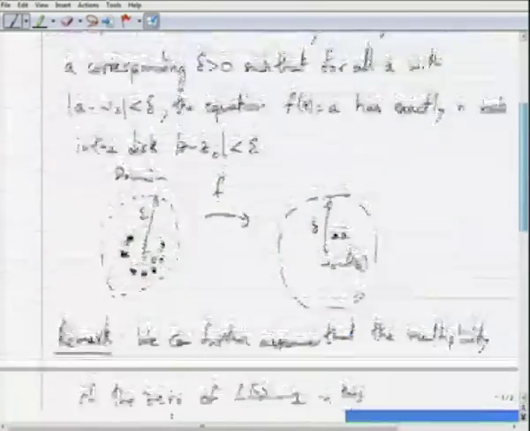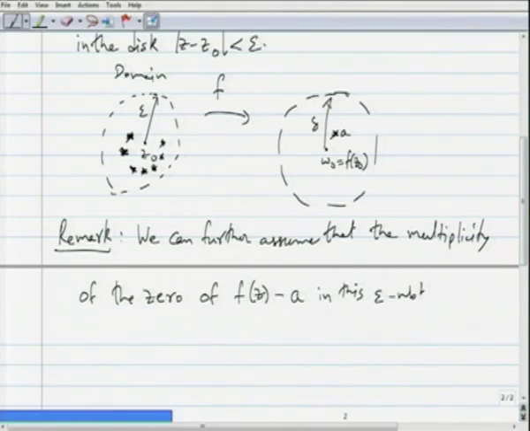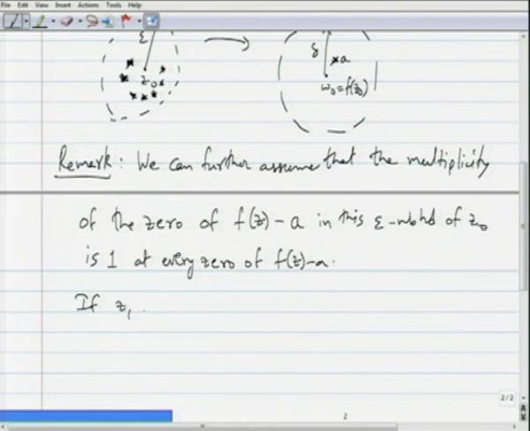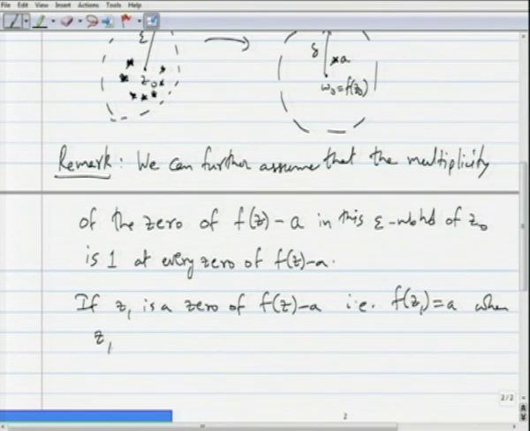I am referring to the theorem under the conditions of the theorem, in this epsilon neighborhood of z naught, is 1 at every zero of f of z minus A. What I mean by that is, if z 1 is a zero of f of z minus A, i.e. f of z 1 is equal to A, where z 1 belongs to B of z naught, epsilon.